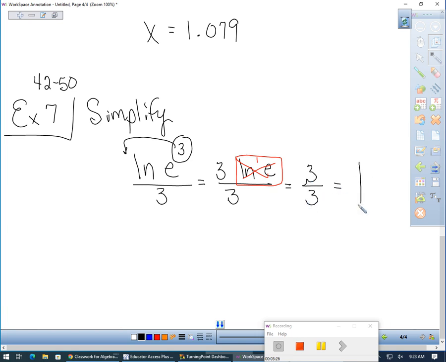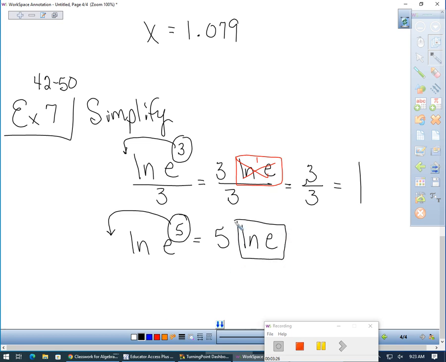And so this equals 1. Let's say I just have the natural log of e to the 5th. Again, in this case, we know this exponent gets to move out in front. So I actually have 5 natural log e. And this natural log of e is equal to 1. So 5 times 1 is 5.